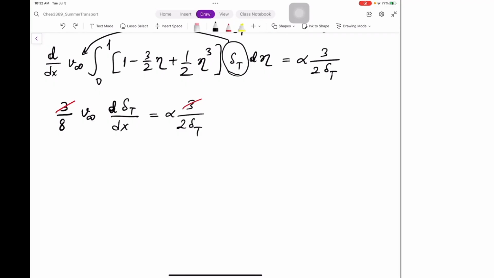So you can collect all the delta t's on one side: delta t d delta t is equal to the constants, 8 alpha, or you can simplify the 2 and 8, you get 4 alpha divided by V infinity, and you have dx here.